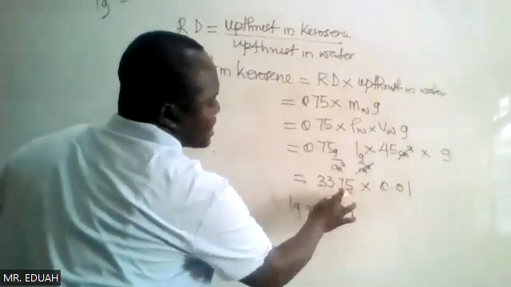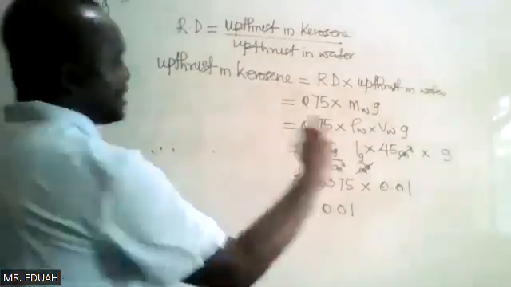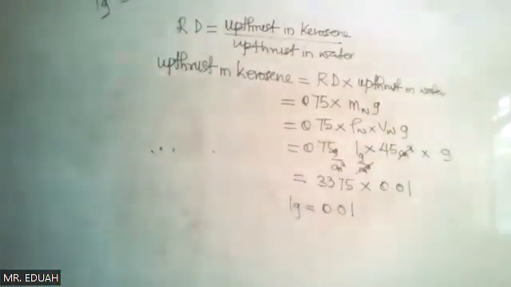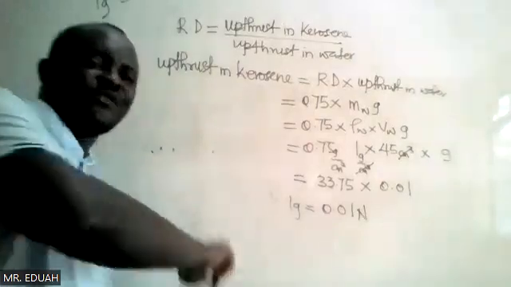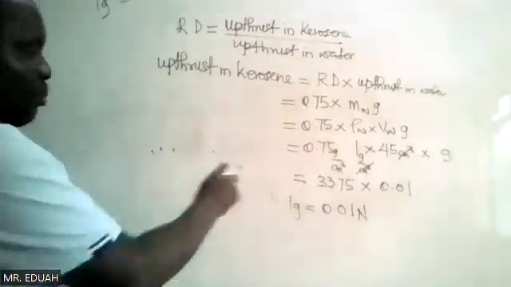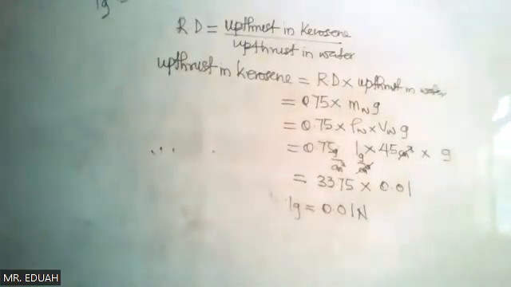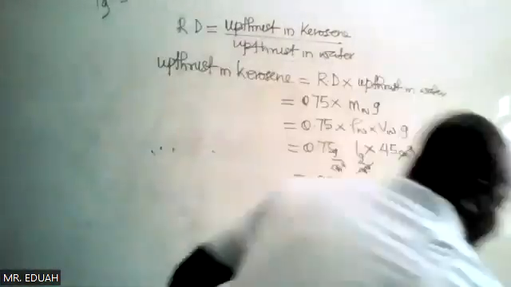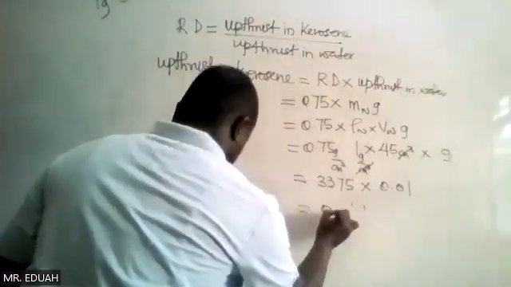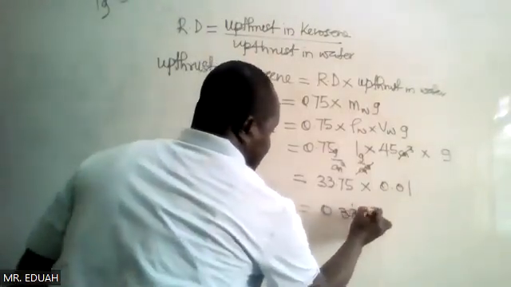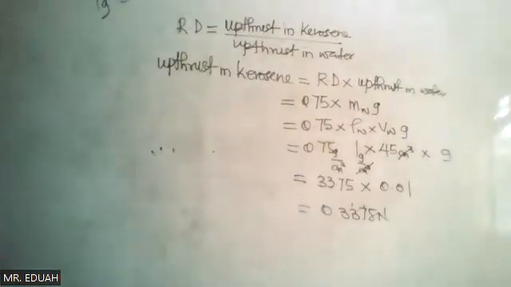So if you have 33.75 grams of a substance and you are converting it to weight, you only multiply by 0.01 Newton, instead of converting the mass into kilogram before multiplying by 10 meters per second squared. So multiply 33.75 by 0.01, and that gives us 0.3375 Newton.